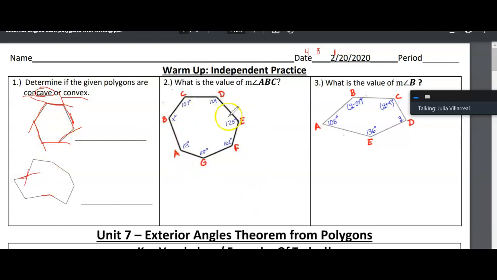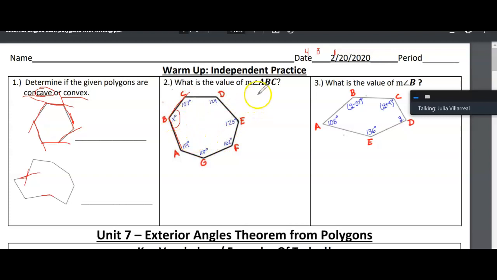Okay, now remember number 2. It says find the value of angle ABC. So angle A, B, turn and go towards C. This angle right here is the one we need to find. We did this yesterday, and there's a video. So if you don't remember this, you could rewatch the video and then come back and answer. But remember that all the angles must add up to a certain number.